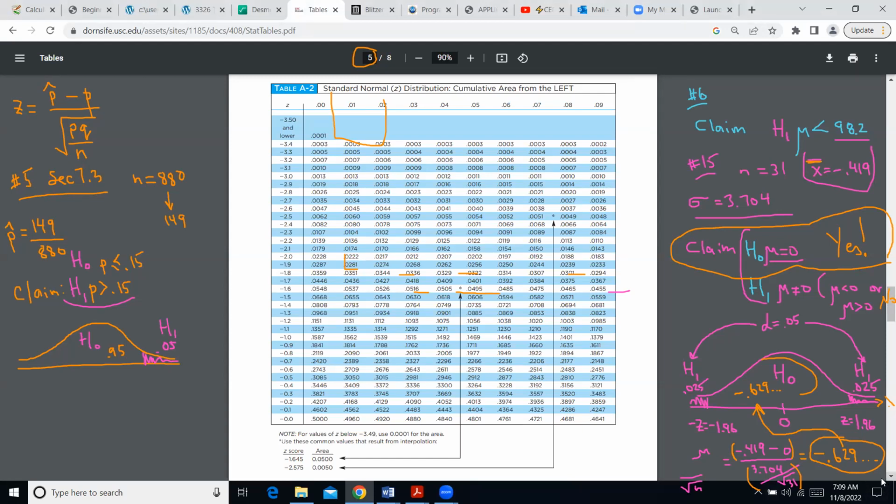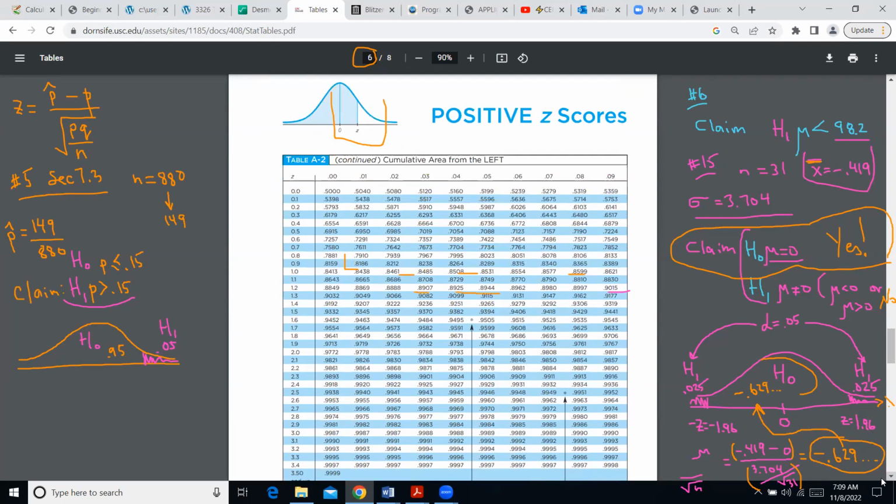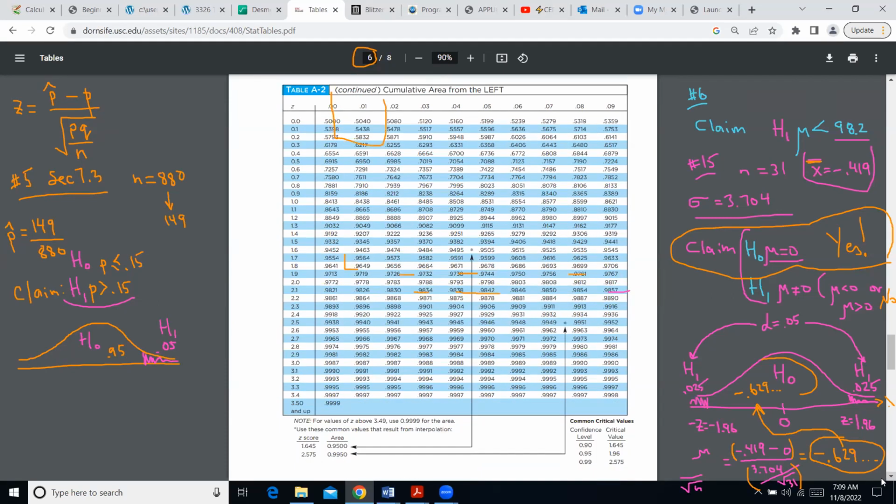When you look for 0.95 in the tables, you will not find it exactly, but remember we encountered this once, because 95% is in between 0.9495 and 0.9505. So it has to sit right there because it's exactly in between. And that's why for an area of 95% to the left we use a z-score of 1.645.